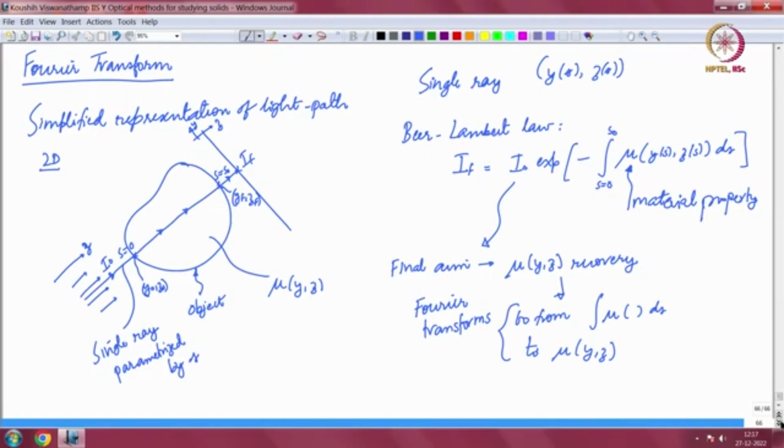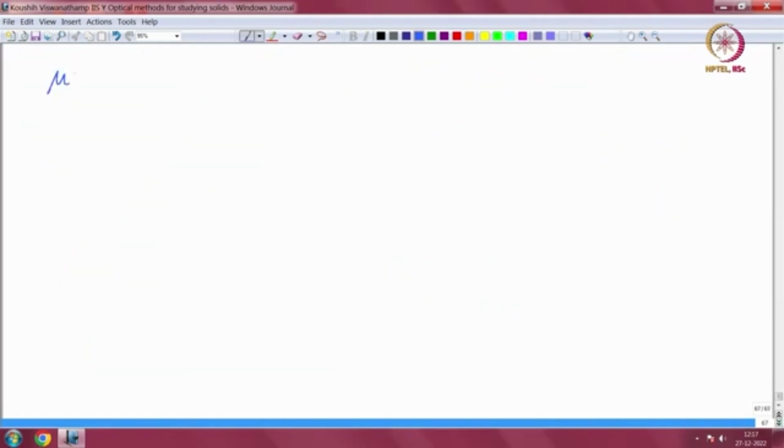Okay. Now this mu itself, mu of y z or whatever x z depending on the direction, this can be anything. Okay, it can be any physical property that is contributing to absorption. So for instance it could be density. So more matter means more electrons, which means more light is absorbed.